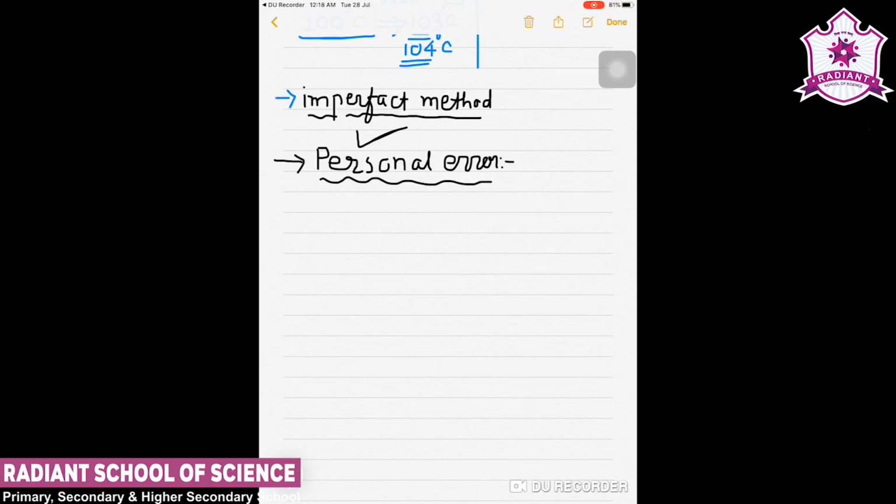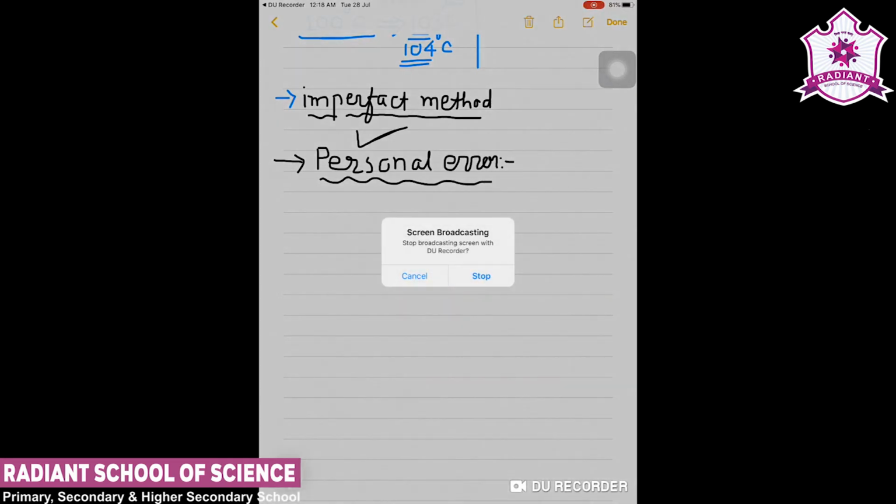Like if someone has a habit of always holding his head a bit too far to the right while reading the position of a needle on the scale, then an error due to parallax comes into the picture. So these are the errors which are called systematic errors.